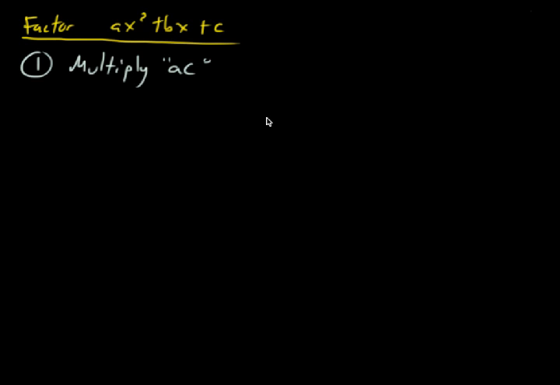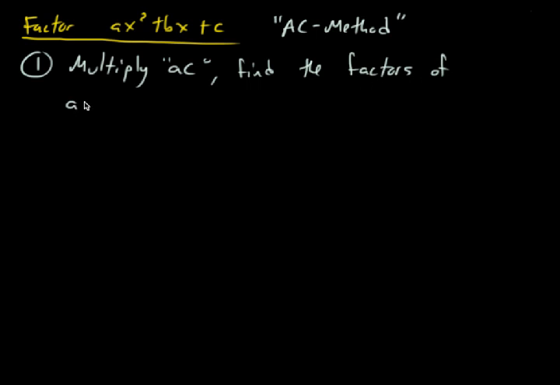So you're not wasting your time guessing and checking every possible combination, only to realize that the problem is not doable. By the way, this is called the AC method, specifically from the first step, where I multiply AC, the first term and last term, and I'm going to find the factors of AC.